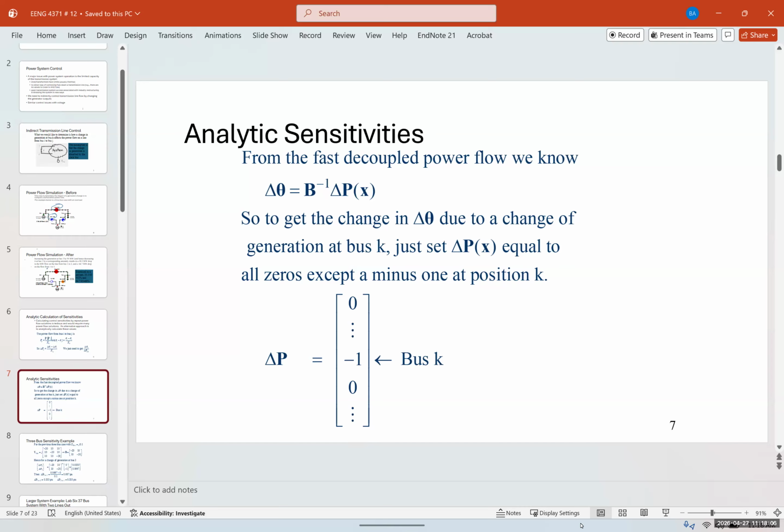With the slack bus row and column removed, we invert B prime once. Then for any line from bus I to bus J and any generator at bus K, the sensitivity is equal to the line susceptance times the difference between the i-th and the j-th rows of the B prime inverse, evaluated at column K. It looks like a lot, but the key point is to invert once and get all the sensitivities.